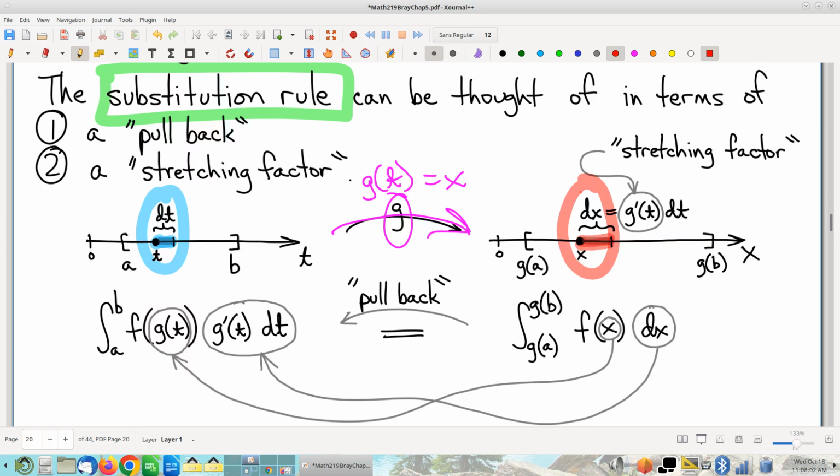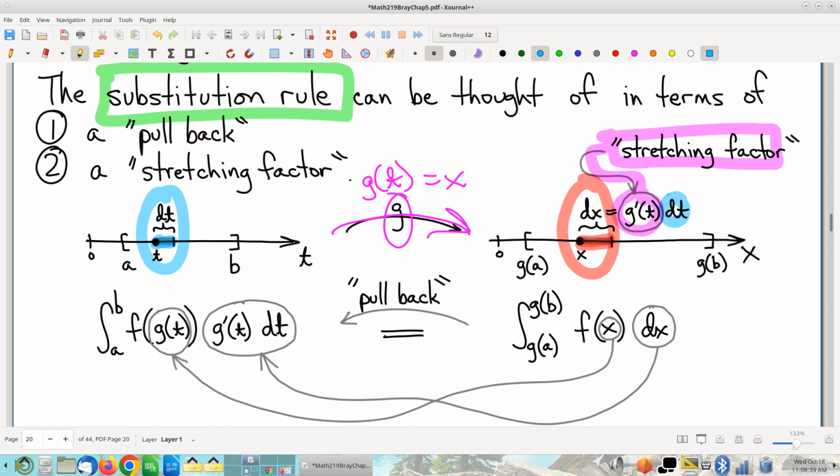We know that the derivative, g prime, is the thing that I multiply by input change to get output change. And so I can write this relationship down, not thought of algebraically, moving differentials around, but thought of geometrically as by what factor has this little piece of the domain been stretched out to make a, as I have it drawn here anyway, larger piece of the target. Is that cool?